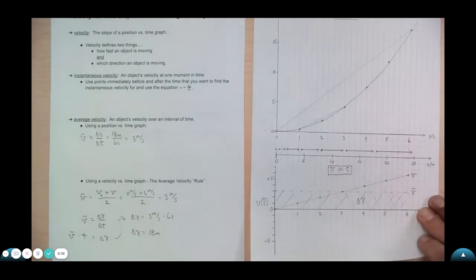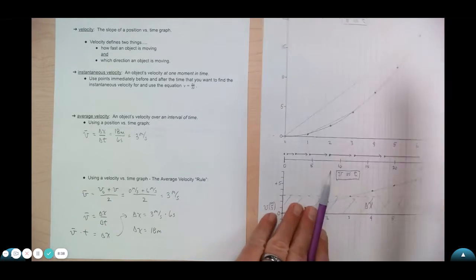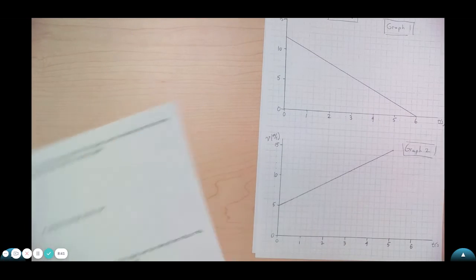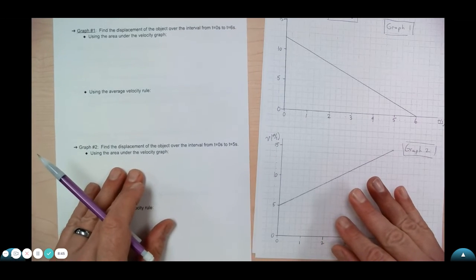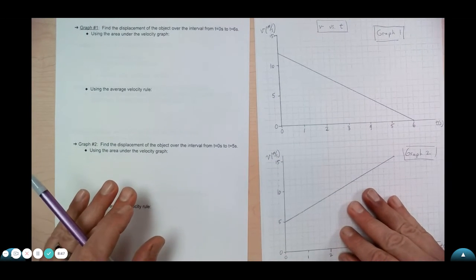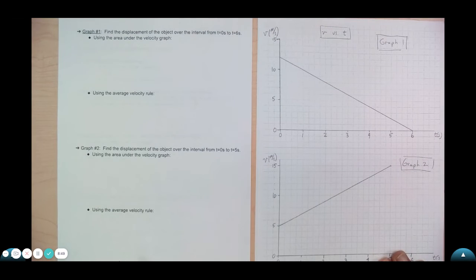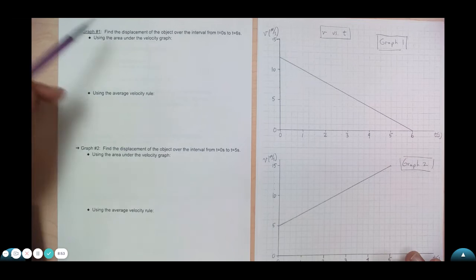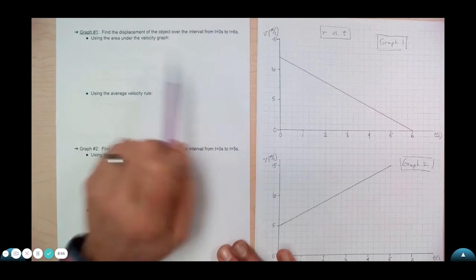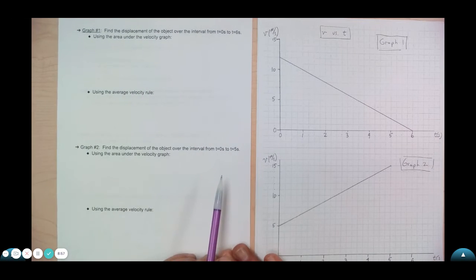I can give you some more examples. Just a couple more. So, graph number 1 says find the displacement of the object over the interval from 0 to 6 seconds, first using the area under the velocity graph.